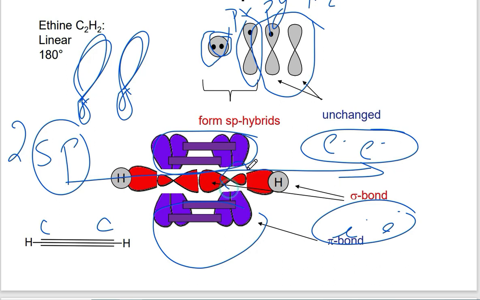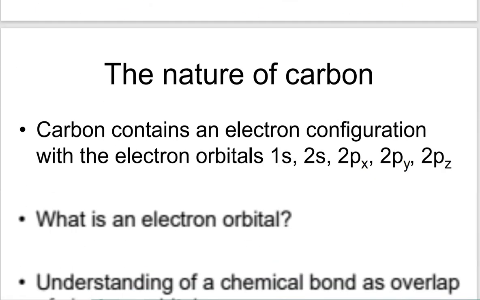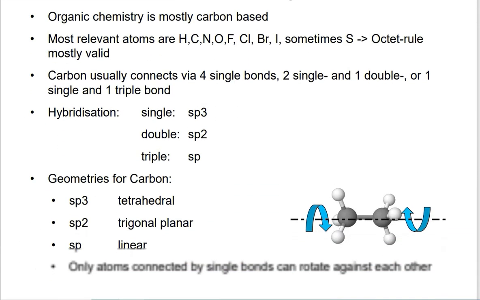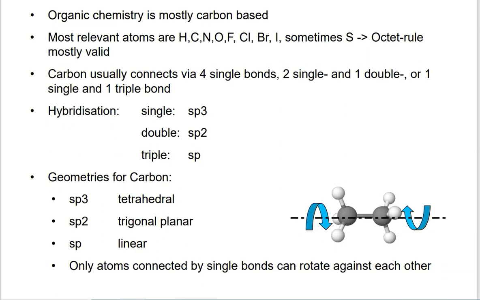If we rotate this, for example, like that, and the other from the other way, like kind of twisting, the molecule will stay the same. Nothing will happen. However, if we have this pi bond, the molecule will break if we rotate them. And this is a special characteristic about the pi bond.